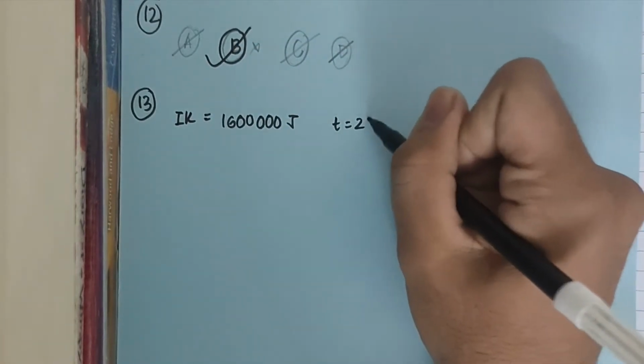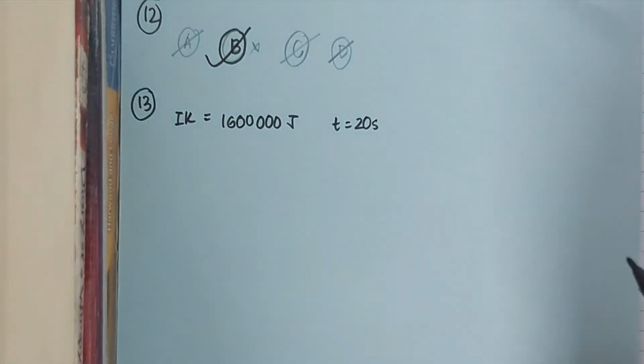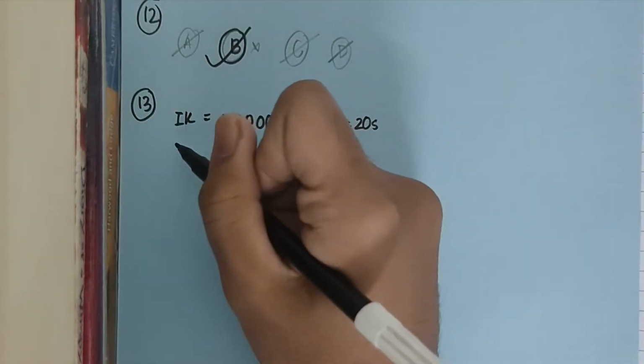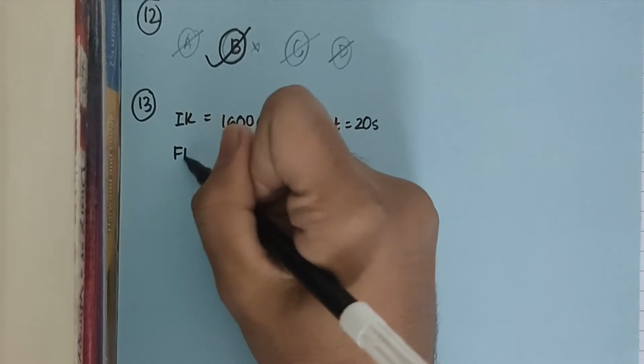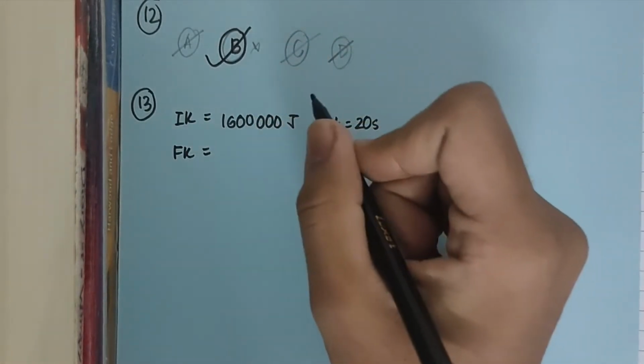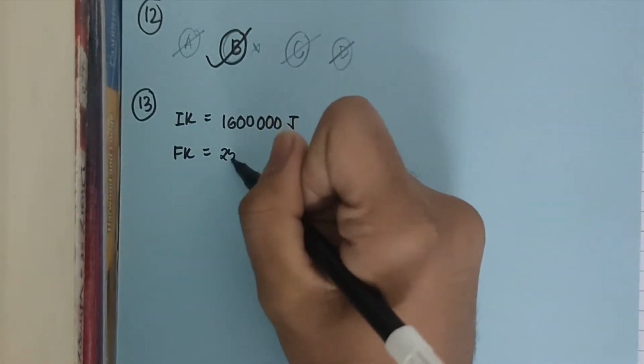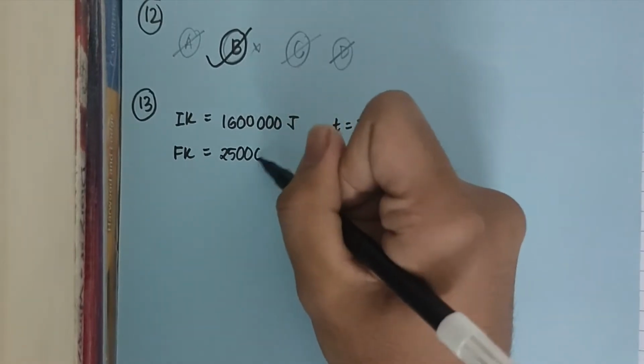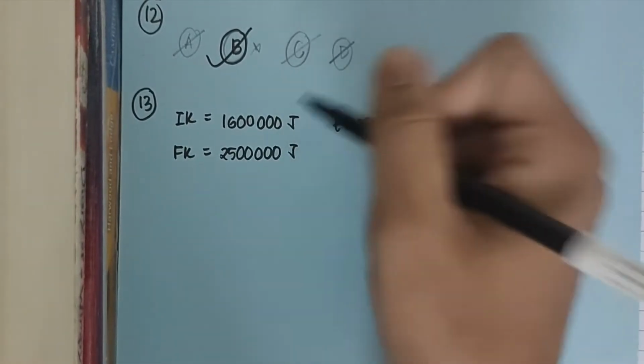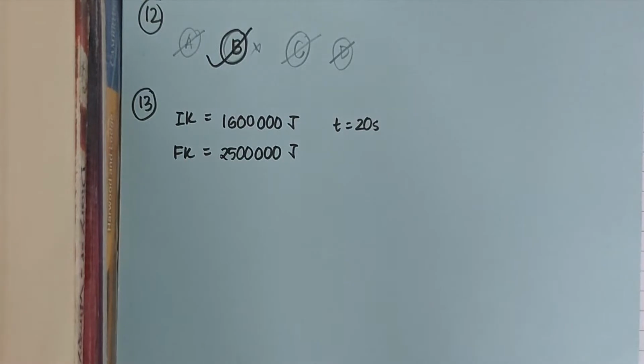So t equals 20 seconds until it has a kinetic energy of 2.5 million joules. Okay, so the final kinetic energy, I'll call it FK, is 2.5 million joules, that is 2,500,000 joules.